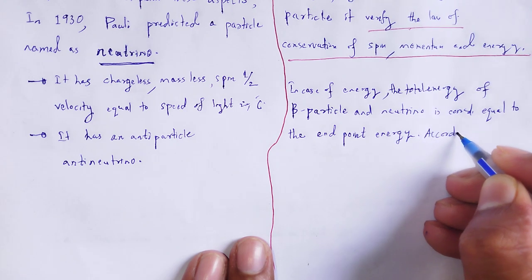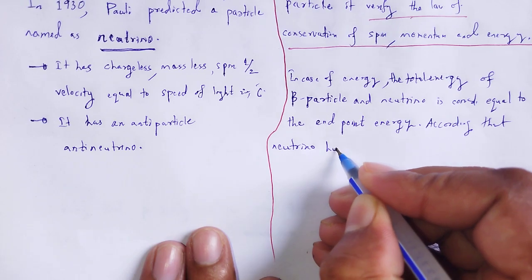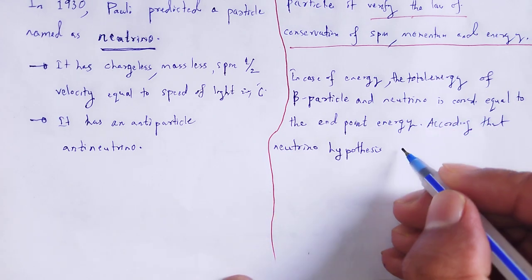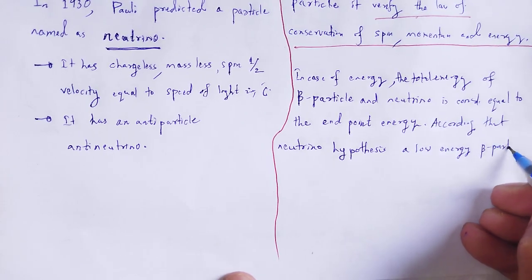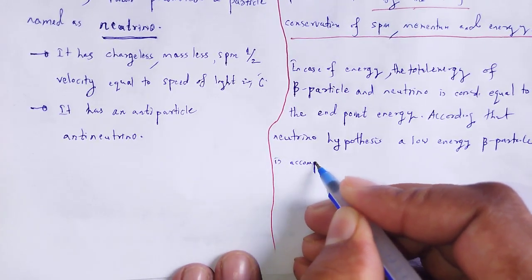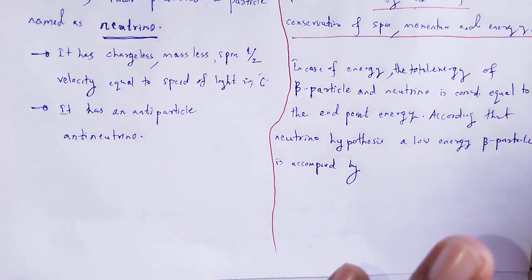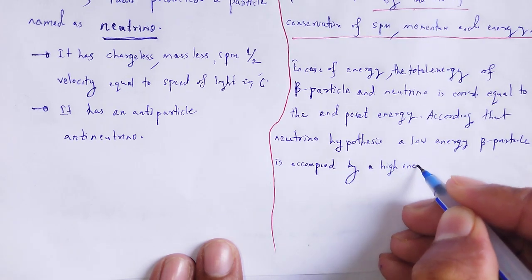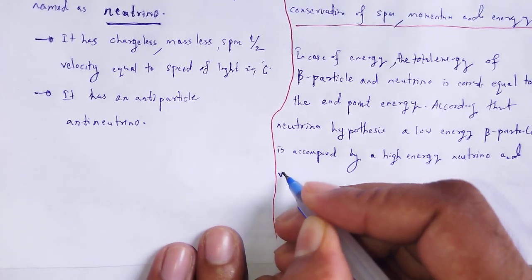According to that neutrino hypothesis, a low energy beta particle is accompanied by a high energy neutrino and vice versa.